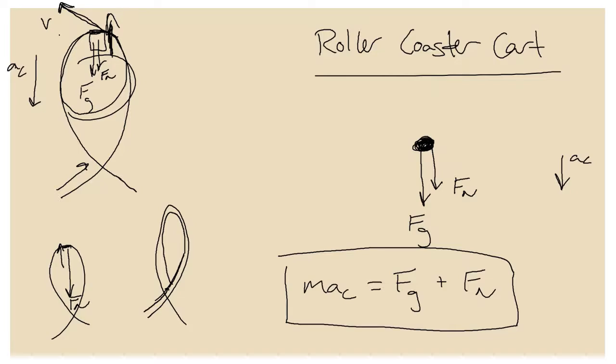And so the track has to put an even larger force on it to prevent it from busting through the steel and out of the loop. As the speed of the roller coaster cart increases, the normal force is going to increase.